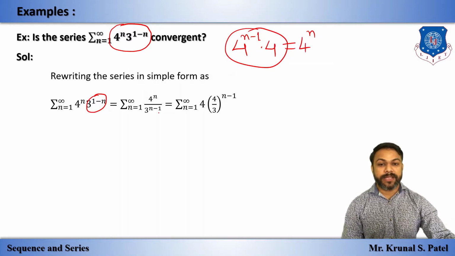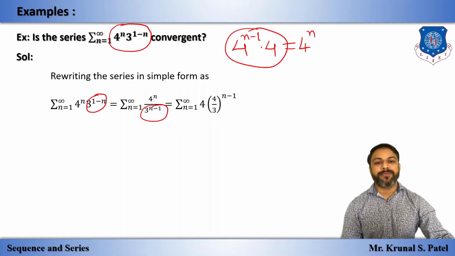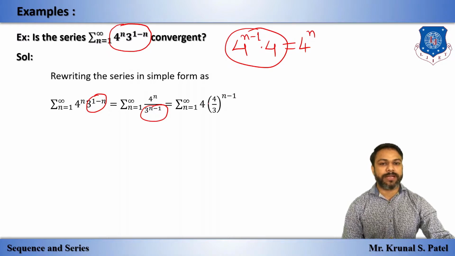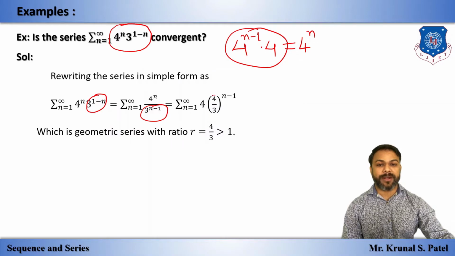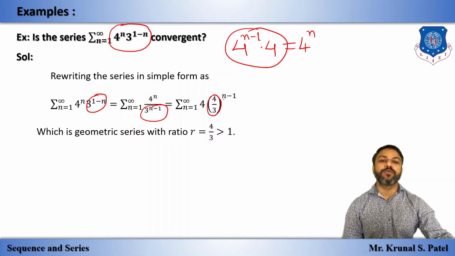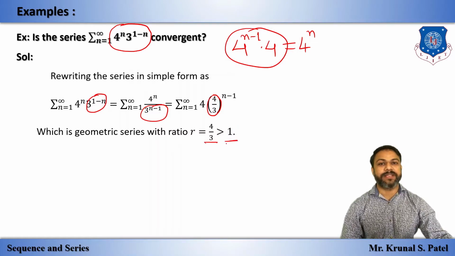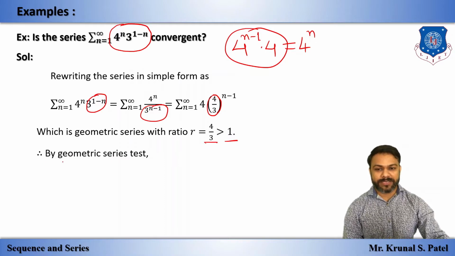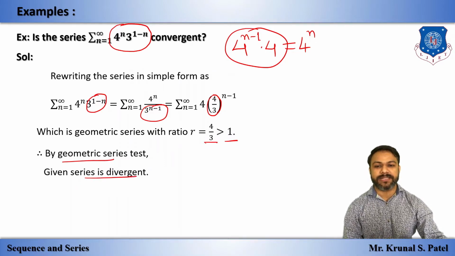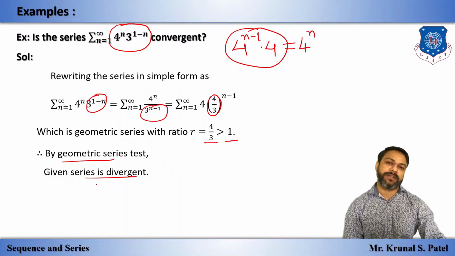Because we need n minus 1 power in the denominator. So we have 4 by 3 raised to n minus 1, multiplied with 4. So this is a geometric series with common ratio r equal to 4 by 3, which is greater than 1. And as we have seen in the test, if r is greater than or equal to 1, then by the geometric test we can say that the given series is divergent.